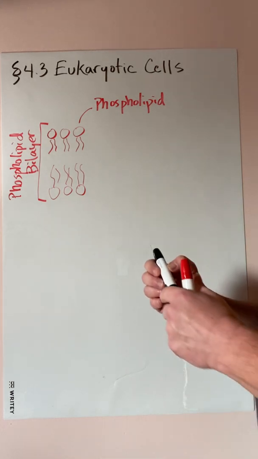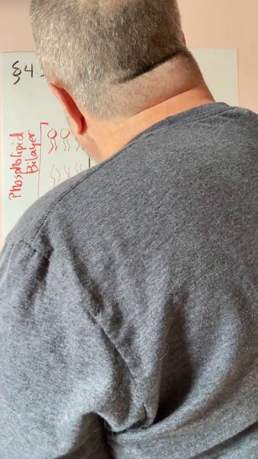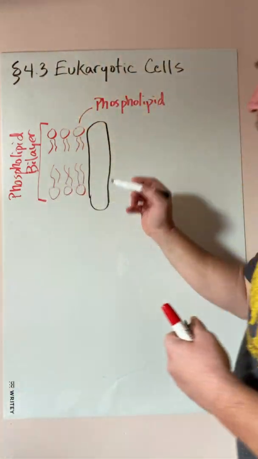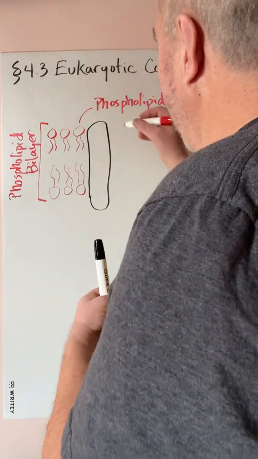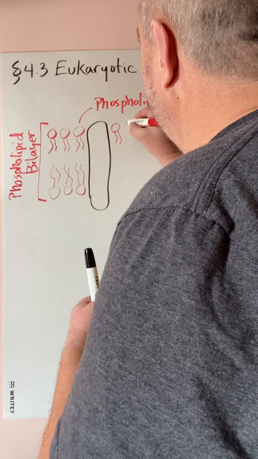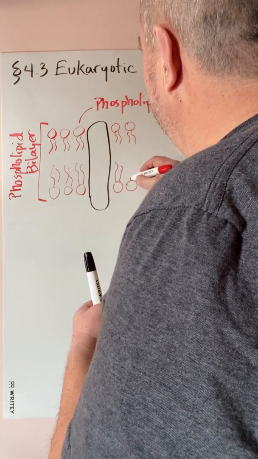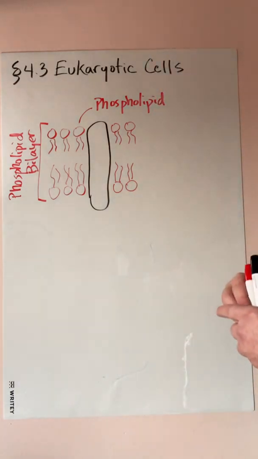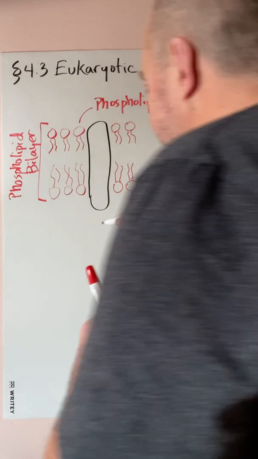Another important component are proteins. You'll notice that some of those proteins are going to go all the way through that phospholipid bilayer. So I'll draw a few more phospholipids here so that you can see a protein embedded within this. If the protein goes all the way across, it is called an integral protein.